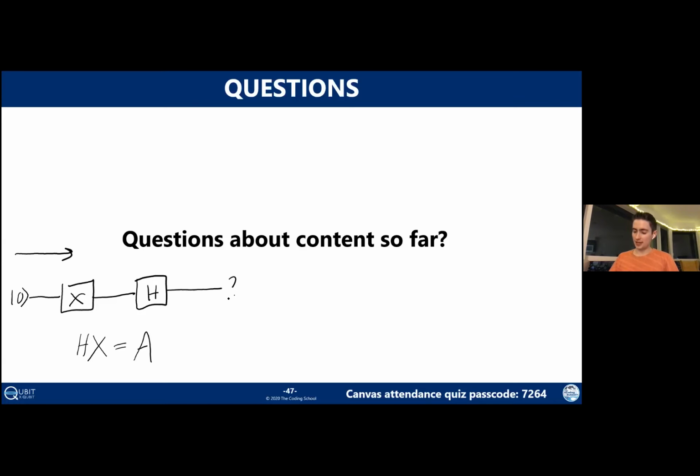In matrix multiplication, if I have a state 0, the first thing I multiply it by should be X, right? Because that's the first gate I'm applying in this sequence. Then after I apply the X, I'm going to apply H to whatever the result was. And so if you write this out, it has the effect of essentially reversing what you saw in the circuit.